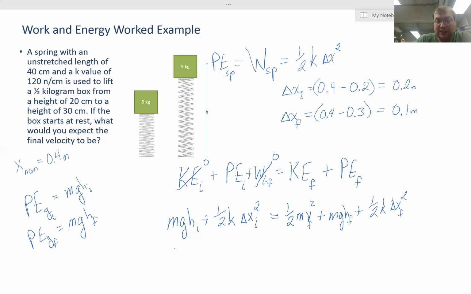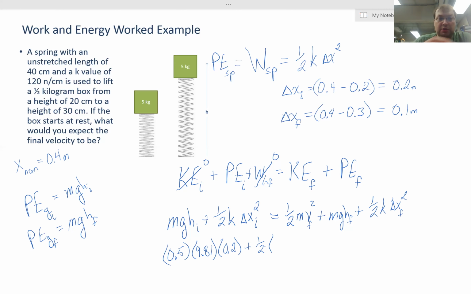Plugging everything in now, we have a 0.5 kilogram block, with g equal to 9.81. Height initially is 0.2 meters. That is plus our 1/2 times our k value, which was given as 120 newtons per centimeter.